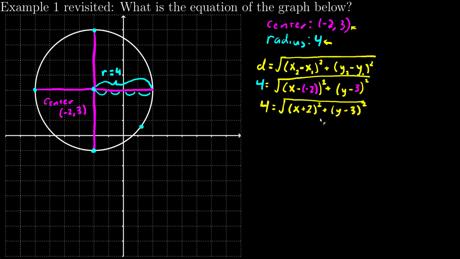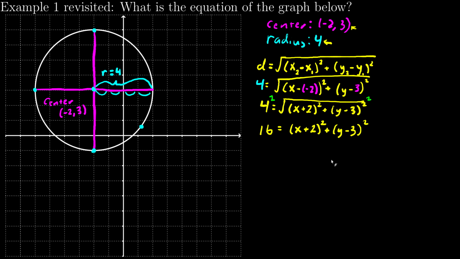And one last thing I'm going to do, I guess two last things. I'm going to get rid of the square root by squaring both sides. And so that will get me to 16 equals x plus 2 squared plus y minus 3 squared.